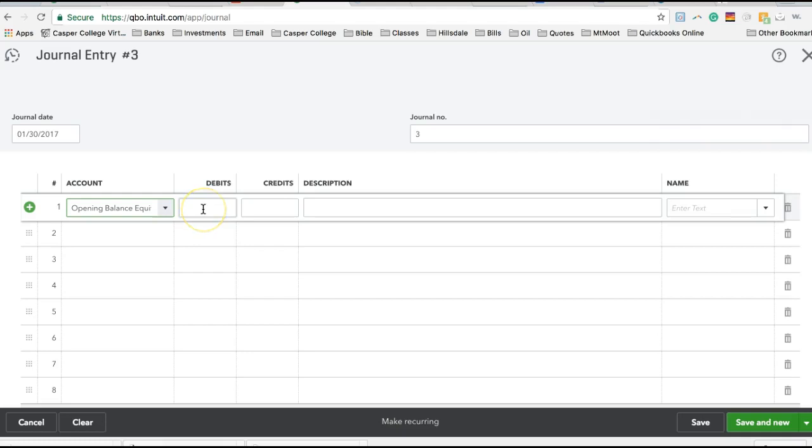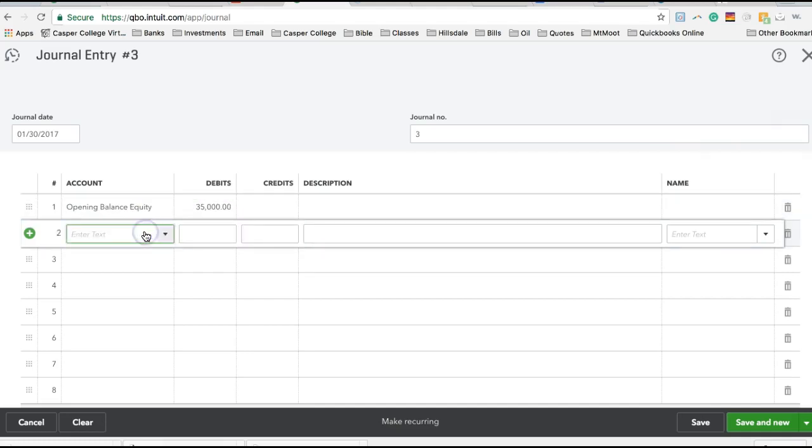So if we debit an equity account, that's going to decrease it. In this case, the first one in the example is we're going to actually decrease it by $35,000. We're going to transfer that $35,000 to an owner equity account called Todd Jones.